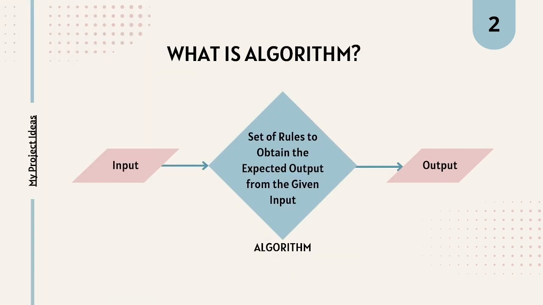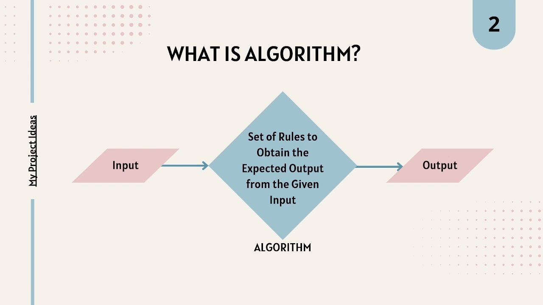Whenever you are doing any complicated programming, you basically need an algorithm, just a blueprint of how things are working. So that is what exactly an algorithm means. These are basically a set of rules to obtain the expected output from the given input.